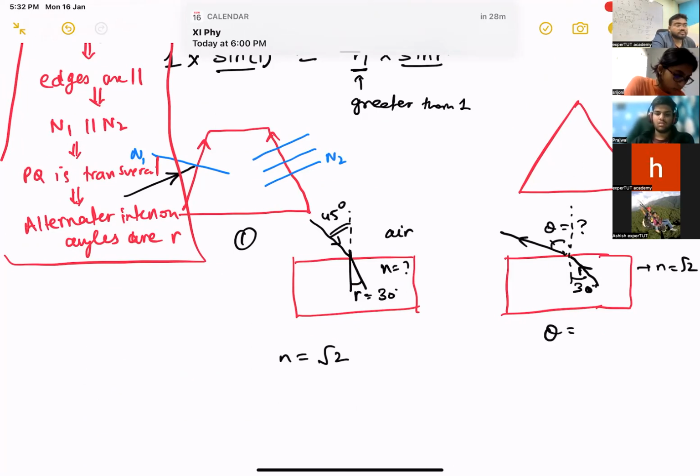What is theta equal to? So it goes in at 30 degrees. Sir, it will be the same, 45 degrees only. It will be 45 degrees, but you can find it out also. Srijan, did you get how in the first the answer is root 2?